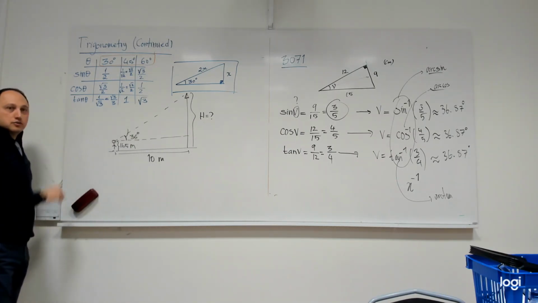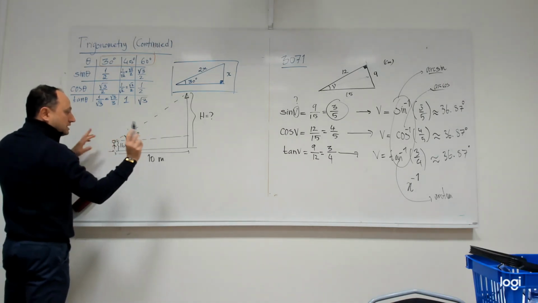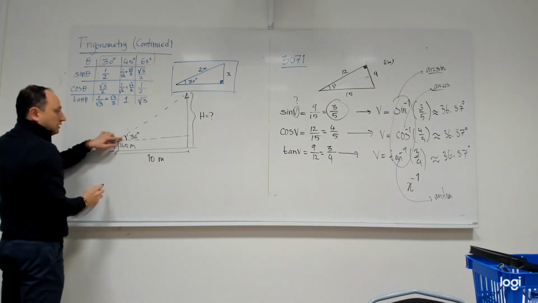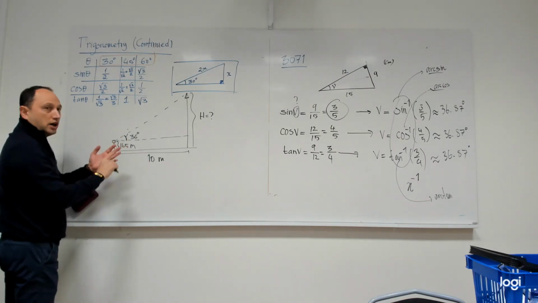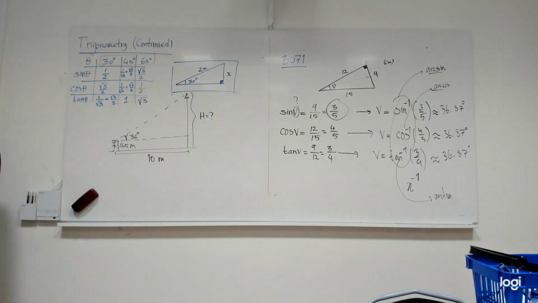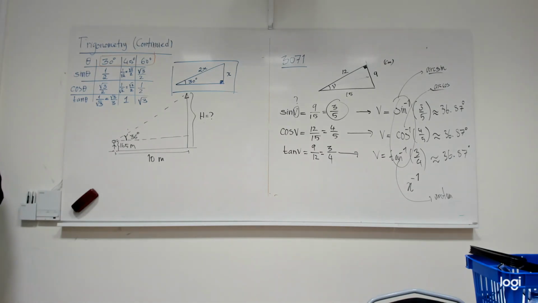So what can I do? You see, this is important for you to learn. For this one, I have three options: sine, cosine, and tangent. I have seen students try all of them, but it takes time. You don't need to try all of them to see which one works. Which one is suitable for this case? Sine, cosine, or tangent, and why? Tangent.